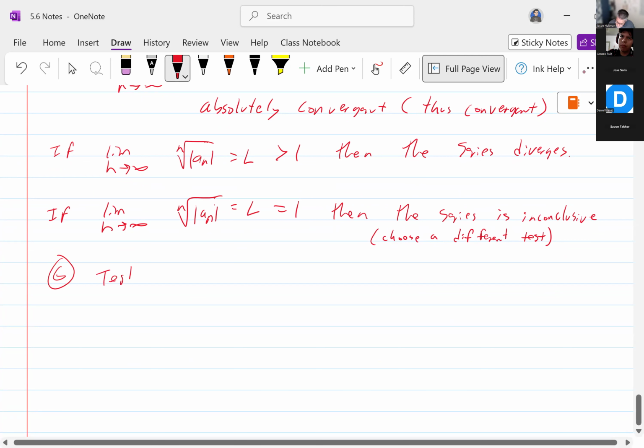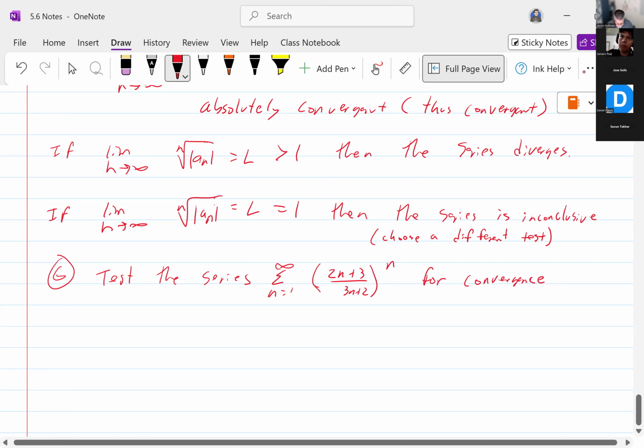Let's test the series summation n equals 1 to infinity of (2n plus 3 over 3n plus 2) to the nth power for convergence.